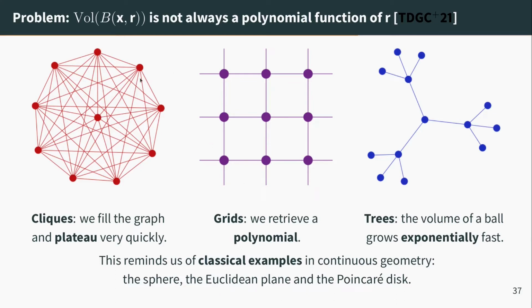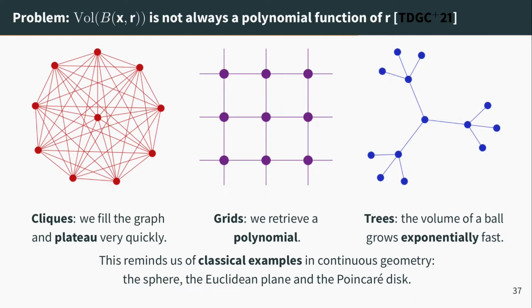Okay, and why is that so? That's because on a general graph, this volume function is not always a polynomial function of R. And for this, I can try to give you archetypal examples. First, think about a clique, a network where you have lots of connections between the different nodes.